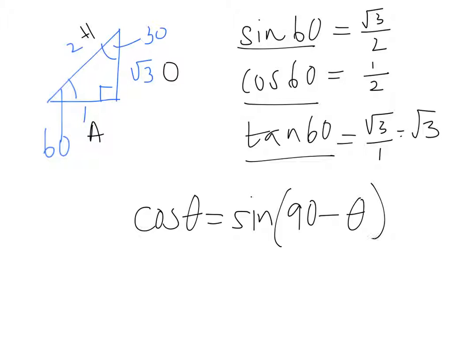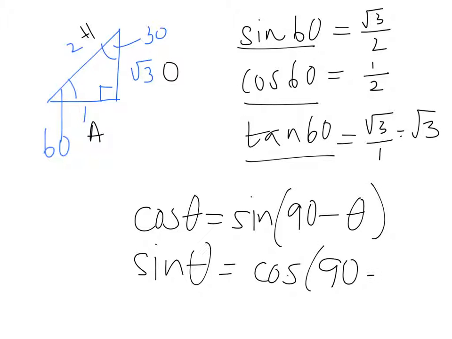There's a nice relationship between 90 degrees for sine and cosine. Or likewise, I could write sine theta is equal to cos of 90 minus theta. If I then go through my 30 and 60, I've got all my answers.